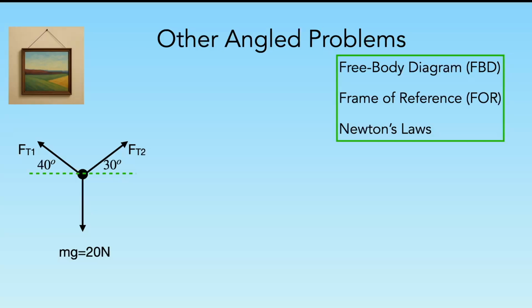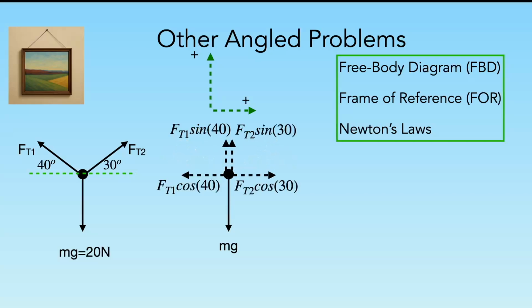Okay, so what do we do? We did our free body diagram, we do our frame of reference. No reason to get fancy here. It's not accelerating, so really we could pick any of them. This will probably be the one that's easiest to solve, though. We break up the angled forces. So I'm going to get rid of FT1, replace that with FT1 cosine of 40 and FT1 sine of 40.